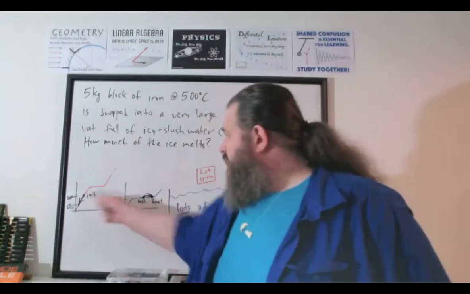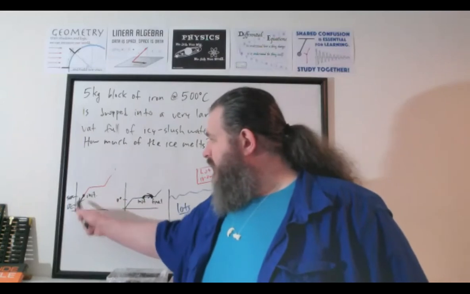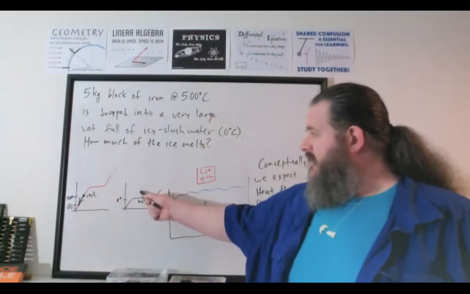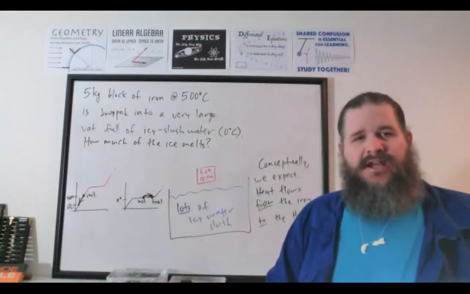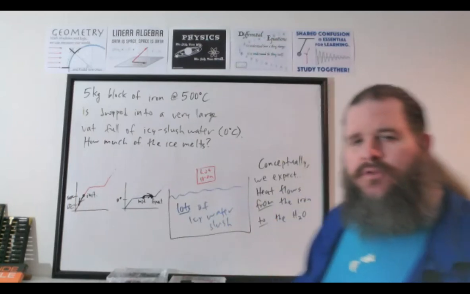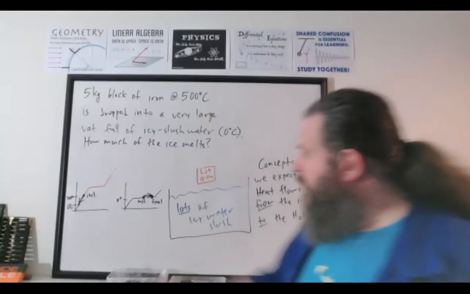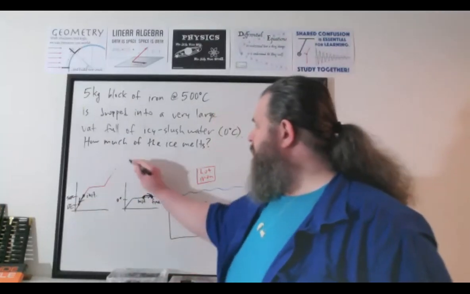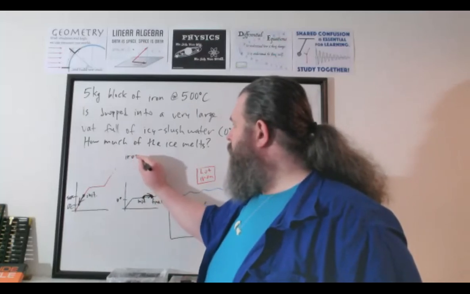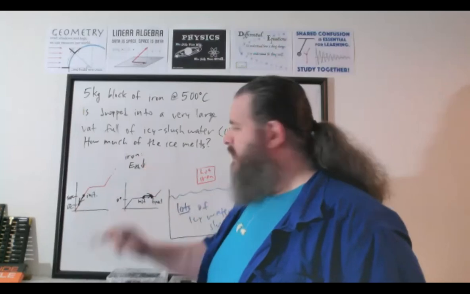And note that these changes in energy have to balance each other out. The iron is losing a certain amount of energy. The icy slush is gaining the same amount of energy because we're assuming these are only interacting with each other. So let's try drawing out an energy interaction diagram. We know the iron is losing thermal energy. Because of what?